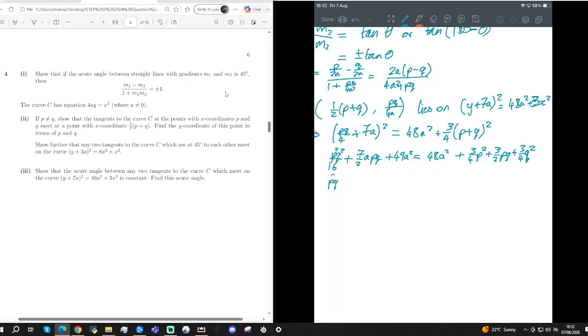This is going to be p squared q squared plus, if I times that by 16. I'm going to bring that 48a squared over, so I've got 16a squared, and I'm timesing all of that by 16, so that's going to be 12p squared plus 18pq plus 12q squared.